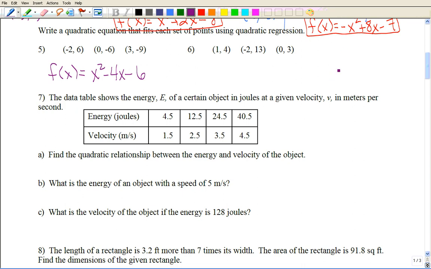So we have the points 1, 4, negative 2, 13, and 0, 3.